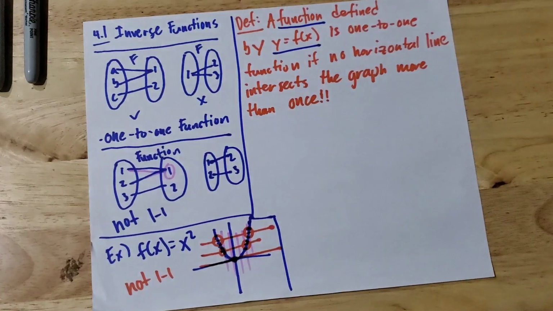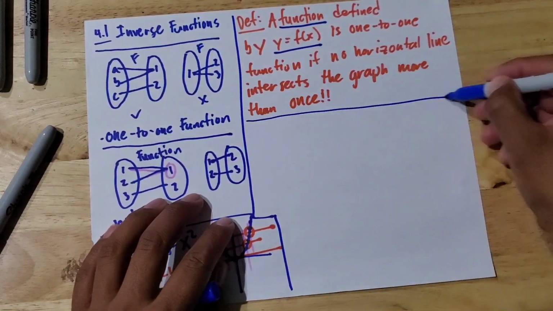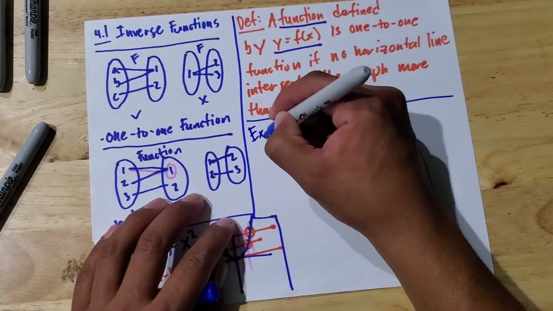Because it's possible that you might get an example that looks like it passes the horizontal line test, but it wasn't a function to begin with, so you shouldn't even have been trying to use a horizontal line test. And a perfect example of that, so here, let's do an example. We're going to verify.